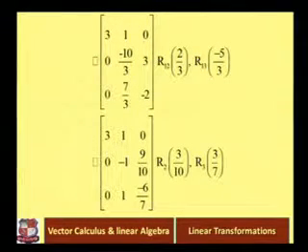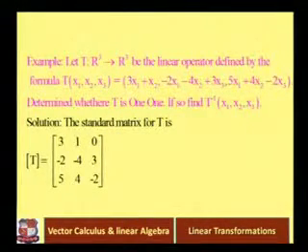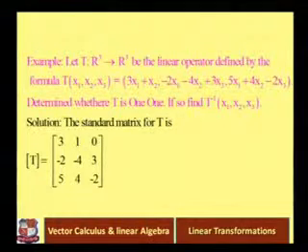So here is our first process. We multiply the first row by 2 by 3 and add it to the second row, and the first row by minus 5 by 3 and add it to the third row. So this minus 2 and minus 5 become 0 in this matrix.